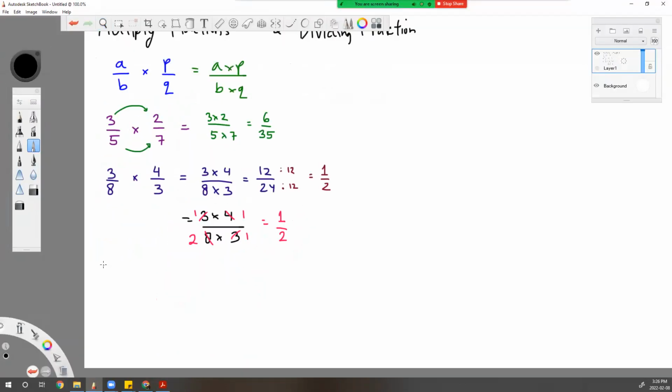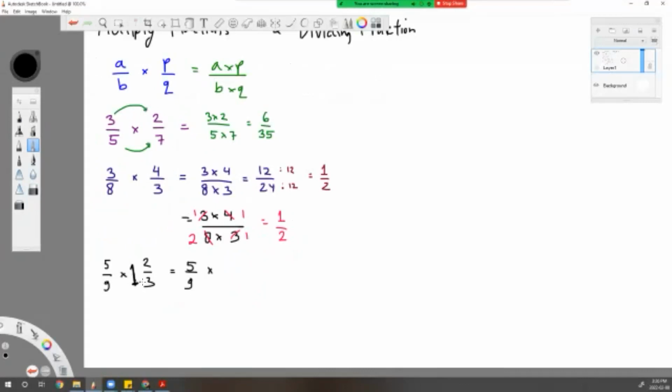Okay, again, I will give you one more question. 5 over 9 times 1 and 2 over 3. So what you can do now, you cannot do fast. In this case, we need to change the mixed fraction into an improper fraction as the first priority. So just rewrite 5 over 9, because 5 over 9 cannot be simplified further.